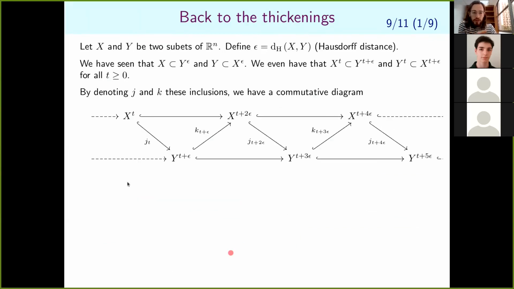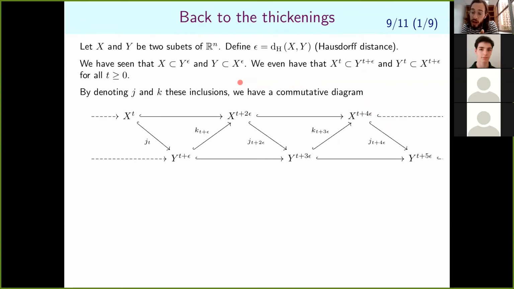So what do we do? We will build the thickenings of these subsets. If epsilon is the Hausdorff distance, this was an exercise I gave you, you can show that X is a subset of the epsilon thickening of Y, and Y is a subset of the epsilon thickening of X. If I thicken Y a bit, I can put X inside, and conversely.